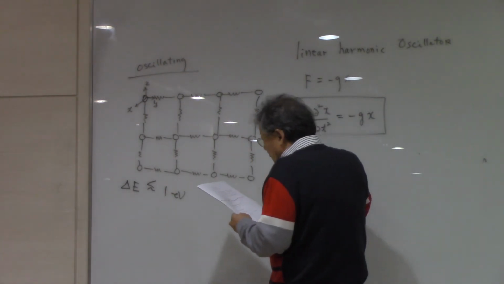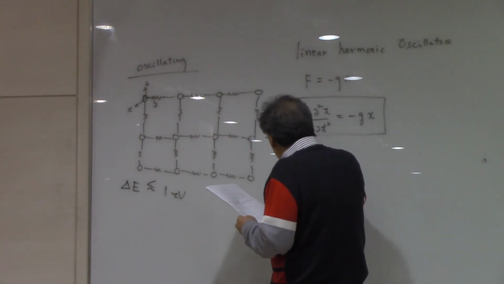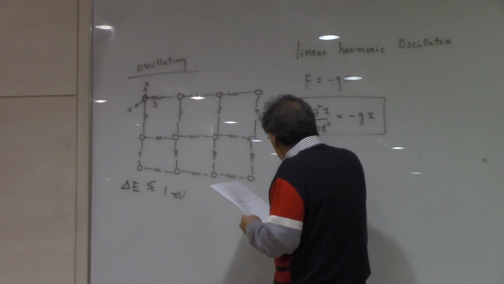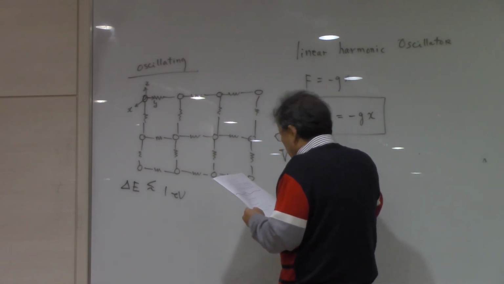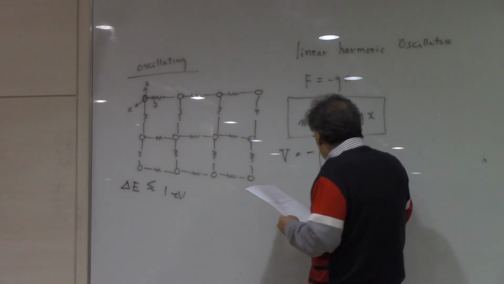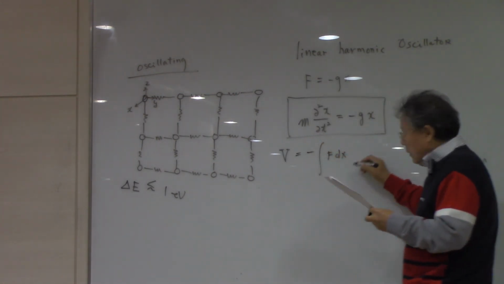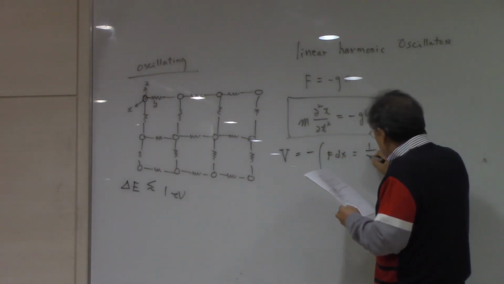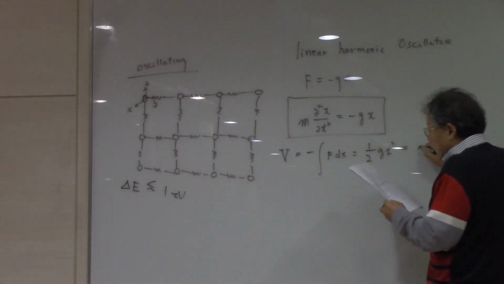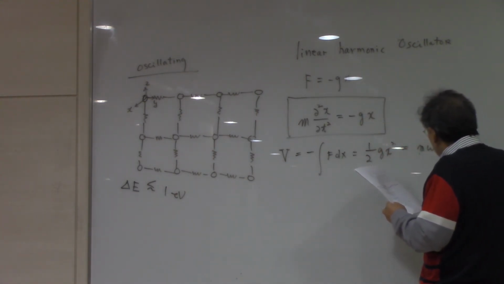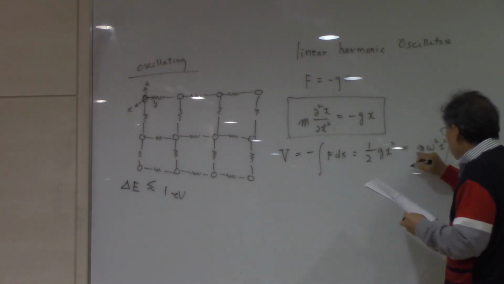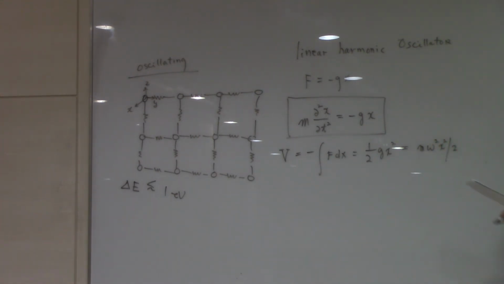And the potential energy in this situation is going to be the integration of the force, so that is Gx squared over 2, and that is m omega squared x squared over 2, all right?